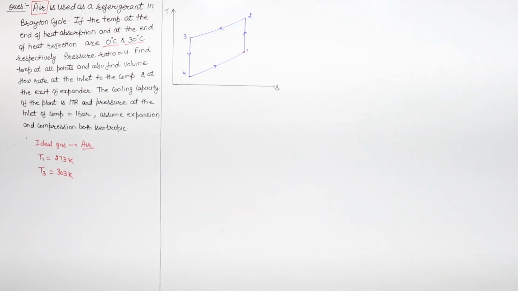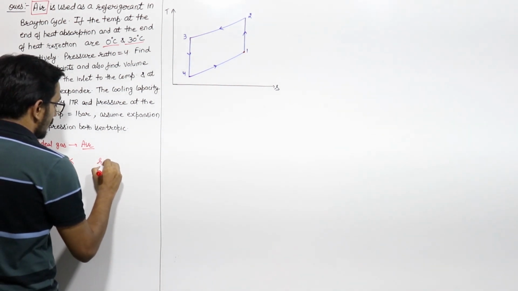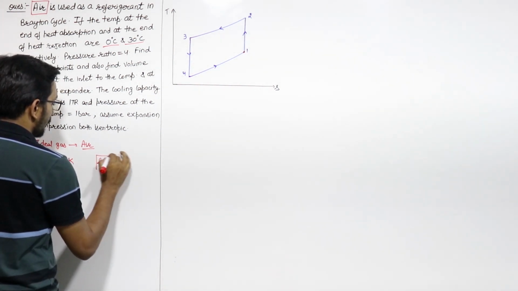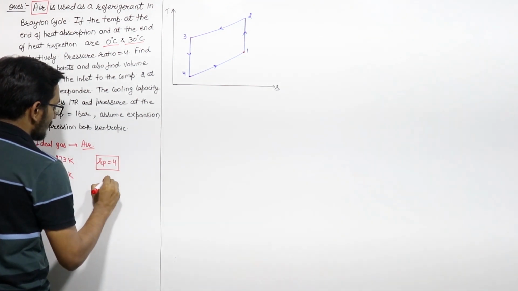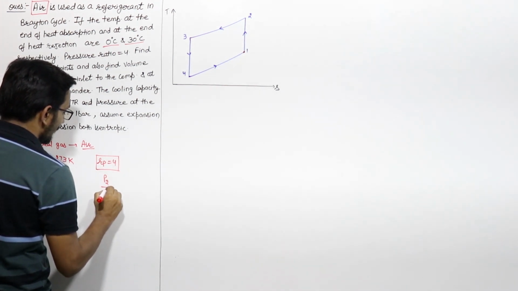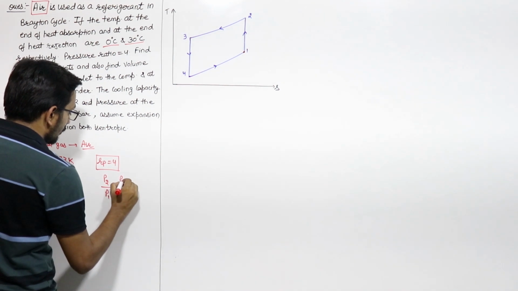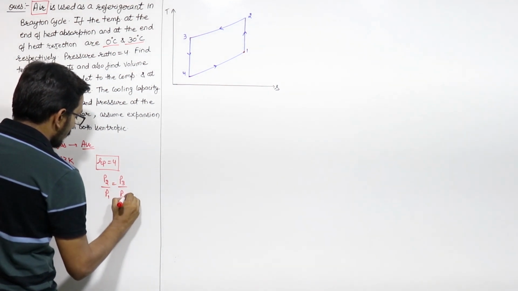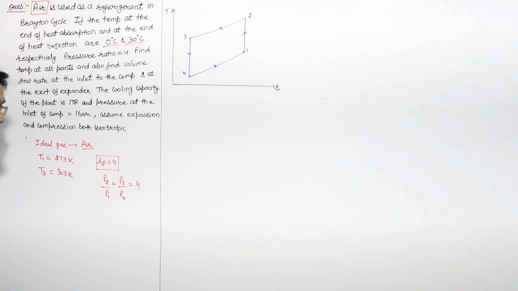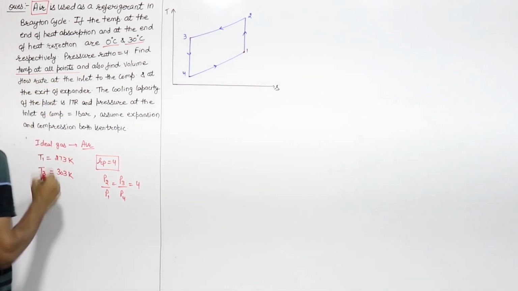And T3 is given as 30 degree Celsius, that means 303 Kelvin. T1 and T3 are given, and the pressure ratio is 4. That means P2 by P1, which is equal to P3 by P4, is given as 4. Right. Find the temperature at all points.